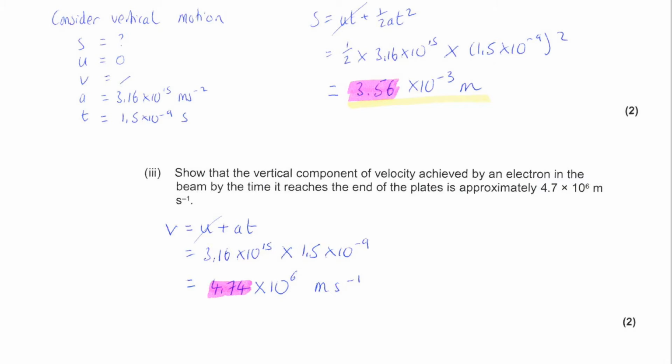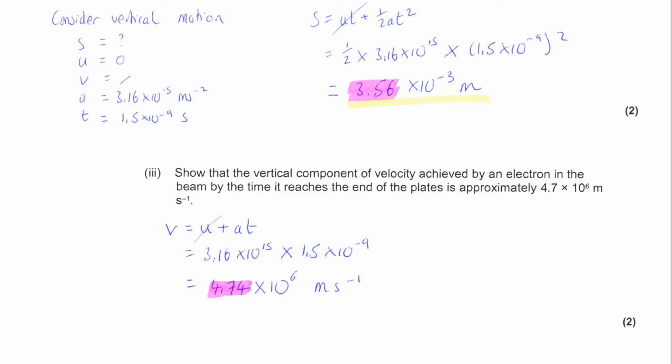So for this question, we only need to consider vertical motion. We want to know the vertical distance travelled, so that is our s. The initial vertical velocity will be 0 because the electrons were initially moving horizontally. We don't know the final vertical velocity.